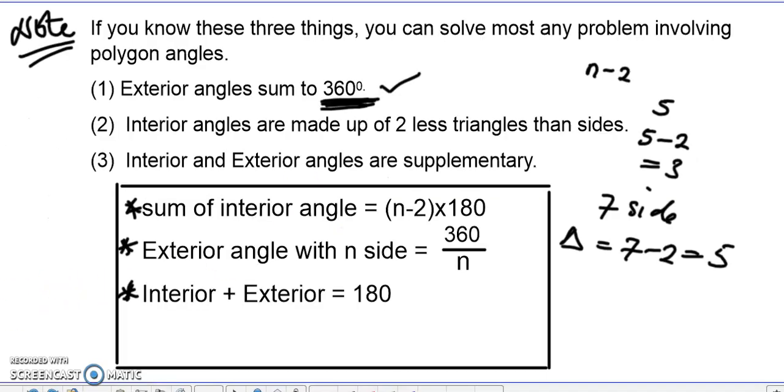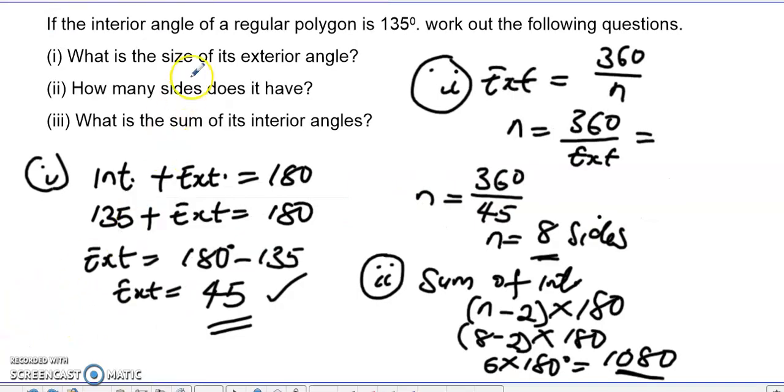We noted three points: the total sum of the exterior angles is 360, the interior angles are made up of two less triangles than sides, and the interior and exterior angles are supplementary. So these are what we did last time, and we solved some questions under it.